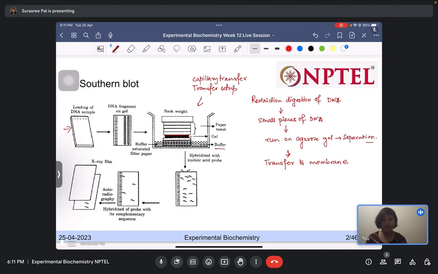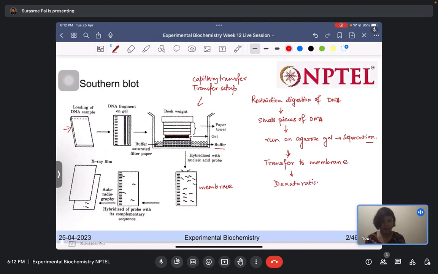And then after this transfer process is complete, this is the membrane that we get. Then the next step will be hybridization. One step that is necessary in between is denaturation.